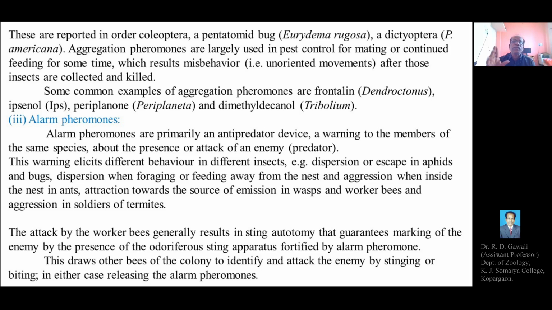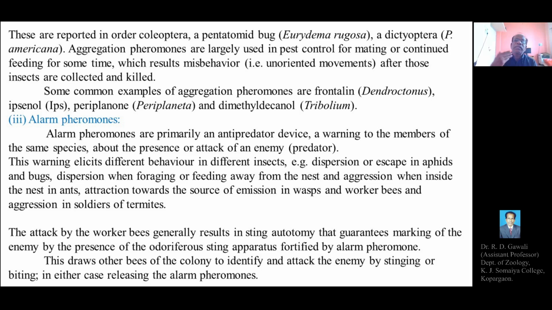So alarm pheromones are primarily an anti-predator device. Whenever there is a predator present in the vicinity of a particular insect, it can secrete this alarm pheromone so as to warn or indicate the presence of an enemy or attack by a predator.